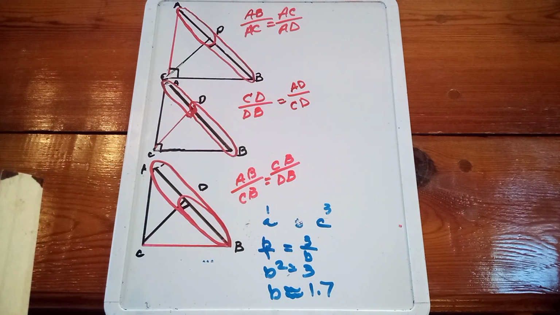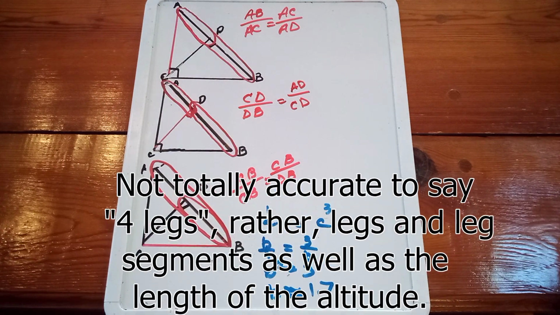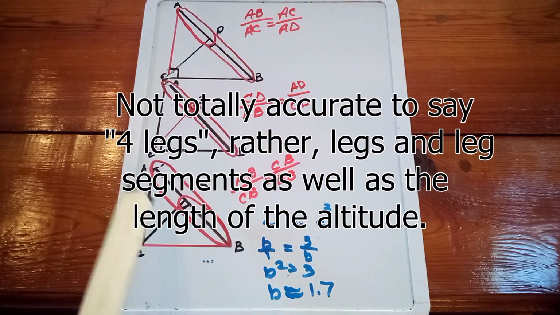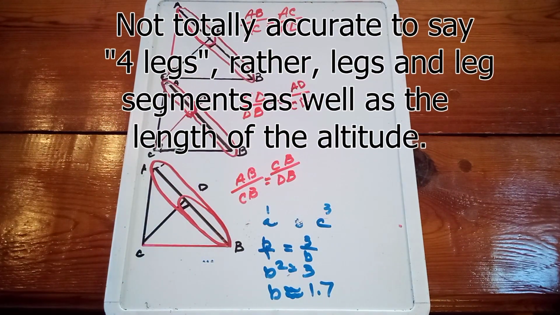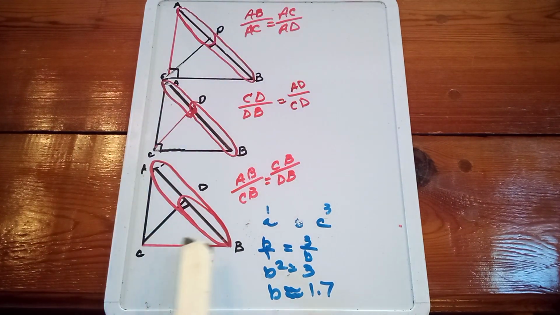Take note. If you want to, stop the video and copy these three triangles. They are right triangles with altitudes drawn into them. The red leg is the geometric mean leg that we are going to solve for.